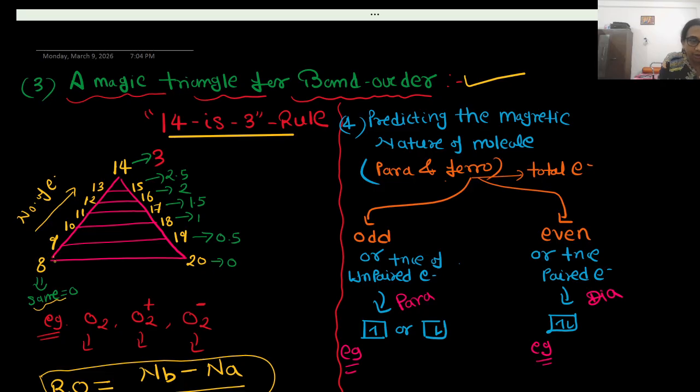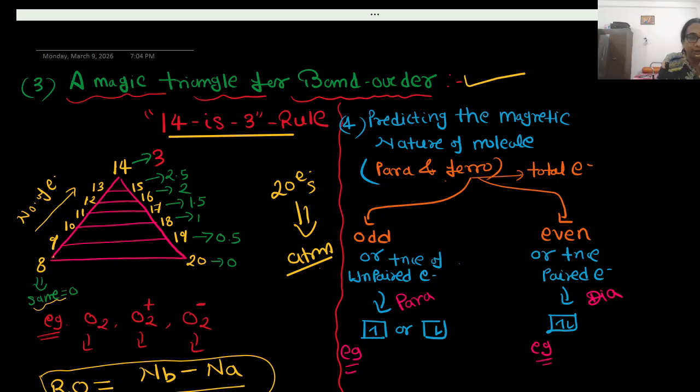If the molecule or atom has atomic number 8, 9, 10, 11, 12, 13, 14, that means the number of electrons present in an atom, and 15, 16, 17, 18, 19 and 20. So with this triangle you can calculate the bond order up to 20 electrons present in an atom, molecule, or ion.